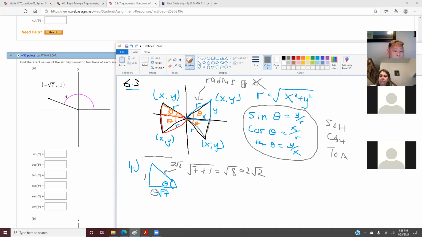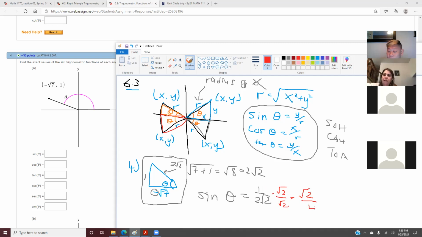Can someone tell me, by looking at this triangle using SOHCAHTOA, what sine theta will be? It would be 1 over 2 square root of 2. And if you rationalize this, you need to multiply this by what? The square root of 2. Yep. So this is actually root 2 over 4, which is 2 times 2.